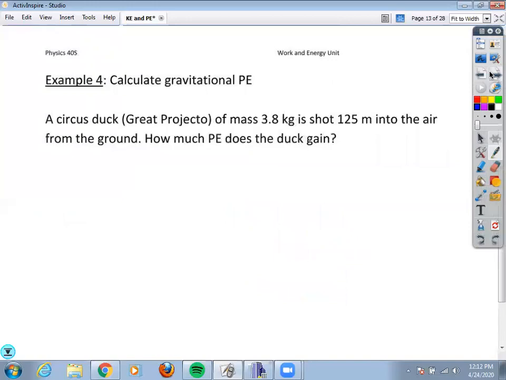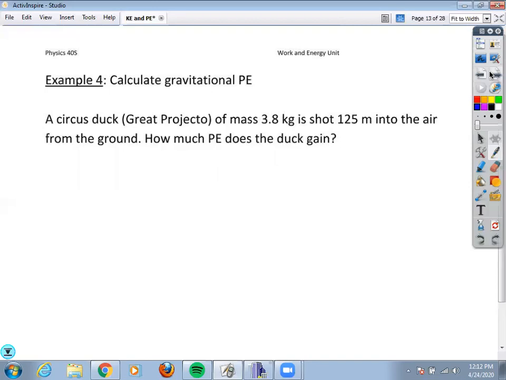Okay, calculating the gravitational potential energy. So we have a circus duck with a mass, and it is launched into the air from the ground, and we want to know how much potential energy that duck will gain.